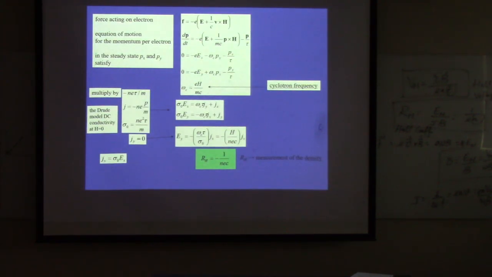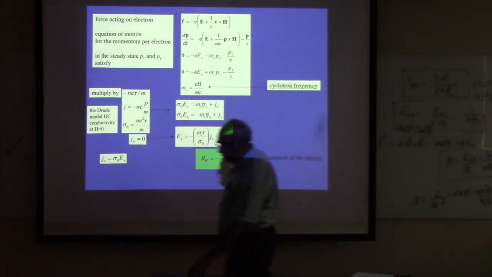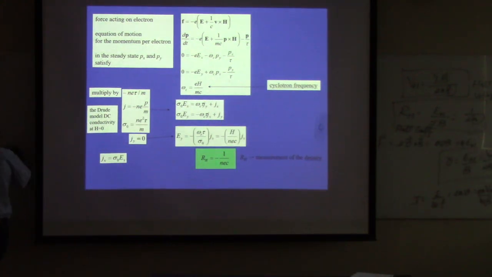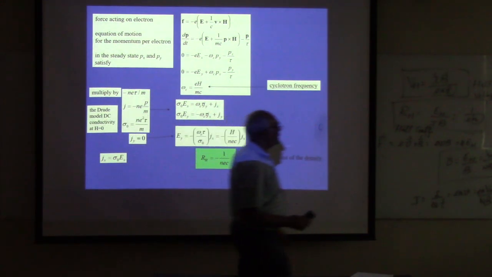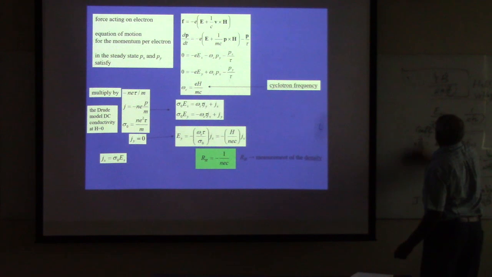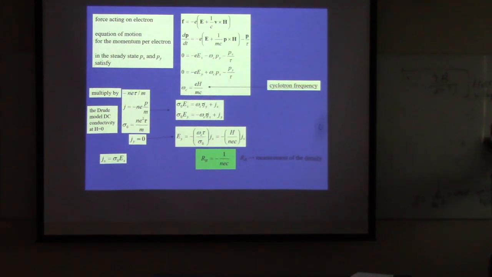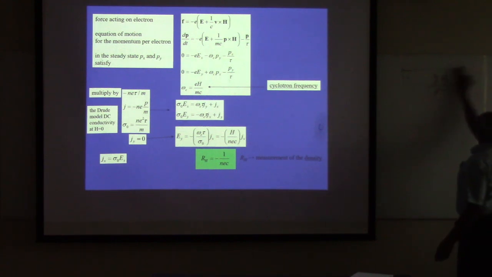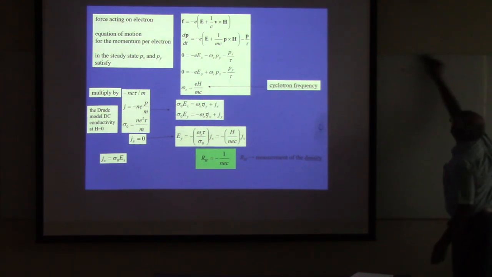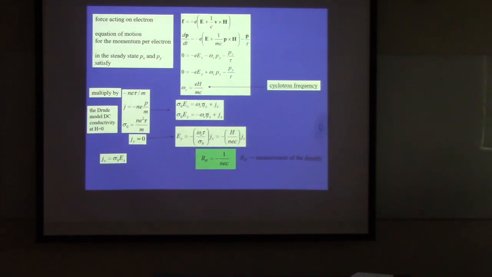So now let me put this. When I talk about this rho x and rho y, it is not very clear, but if you do it this way you get a better idea. We talked about Drude conductivity, right? And the Hall coefficient. How do we really measure these two simultaneously?